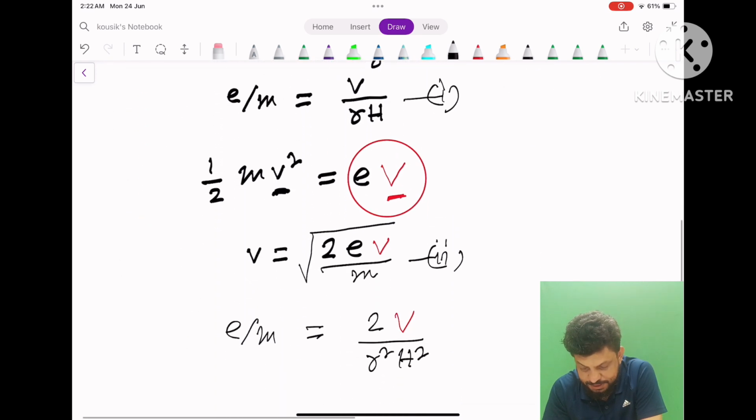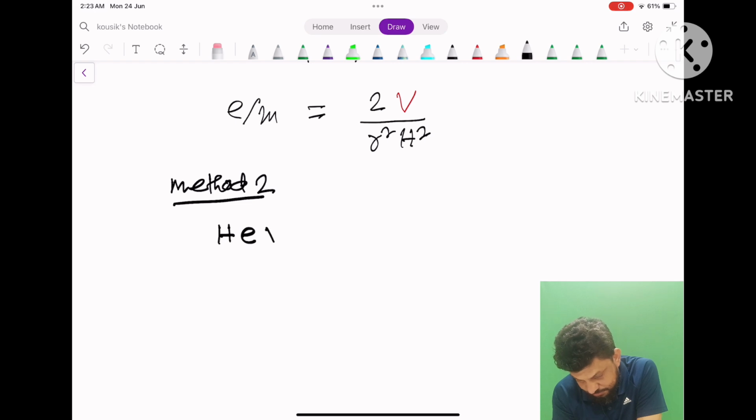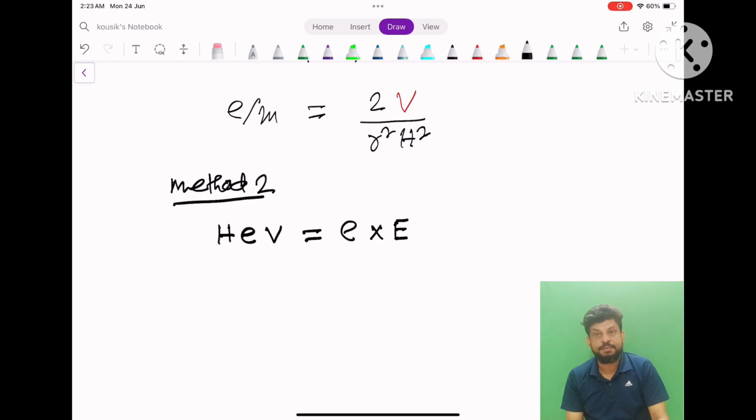Let me explain. Let me write it down. When the electric field and magnetic field operate in different directions and the electron does not deviate in any direction, we can say that EV equals E multiply E. Here E is the electric field strength, H is the magnetic field strength, e is the charge of electron, and v is the velocity of electron.